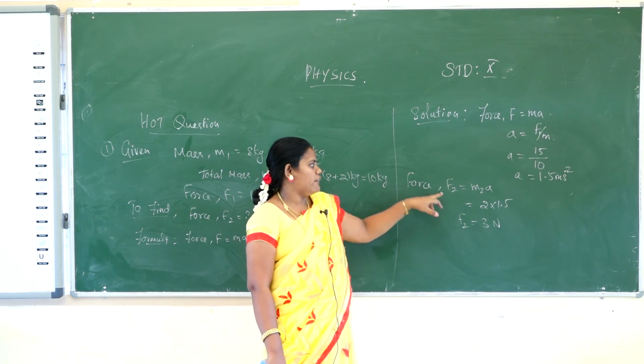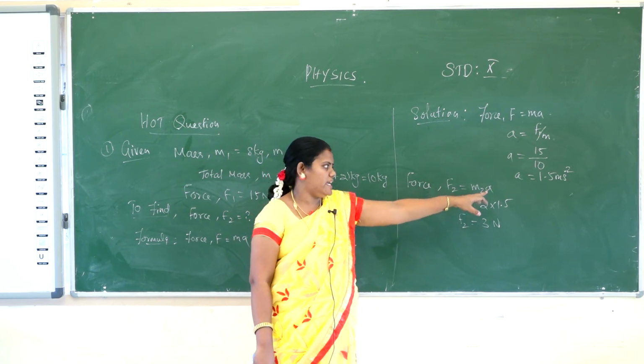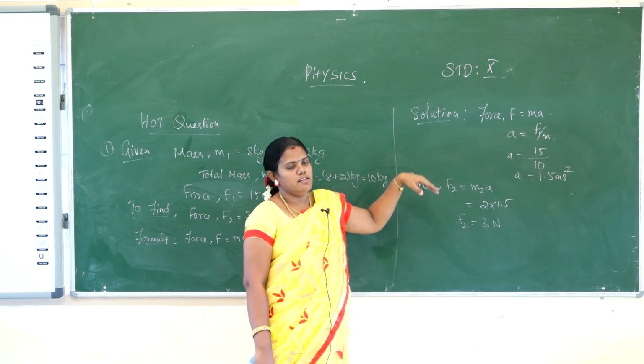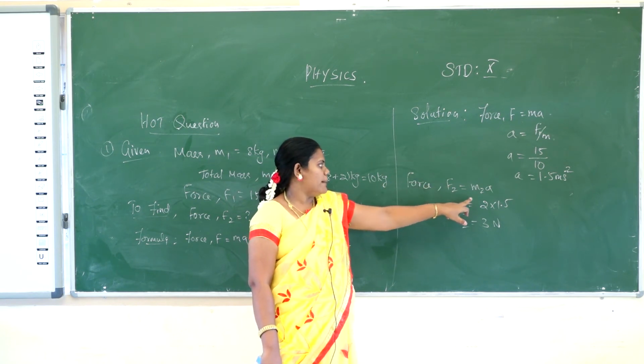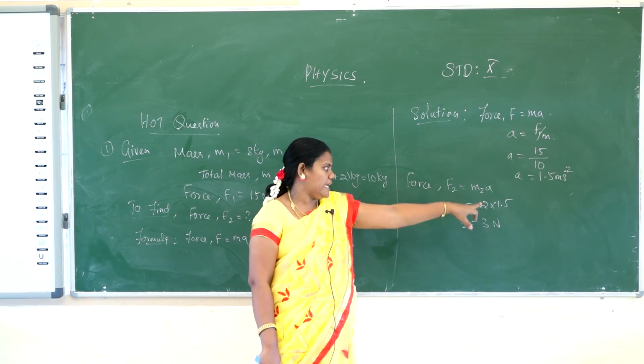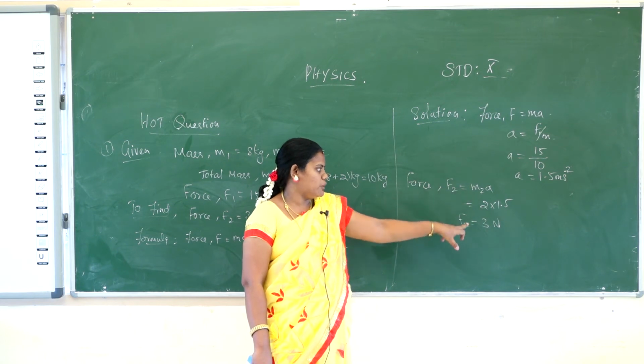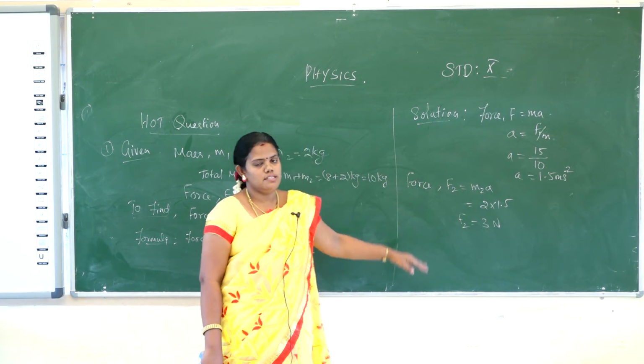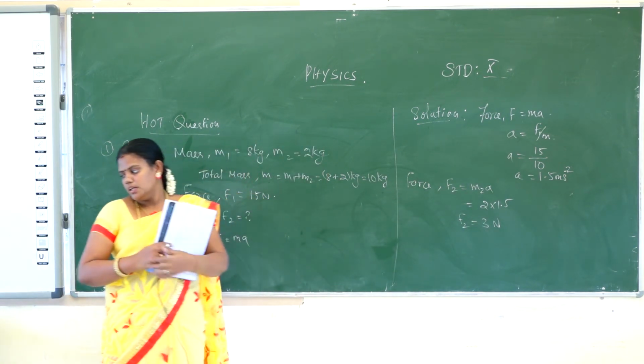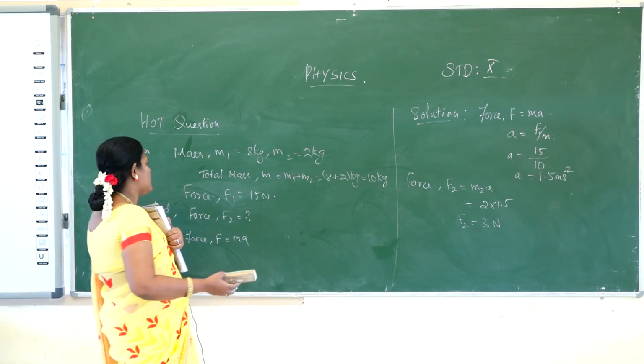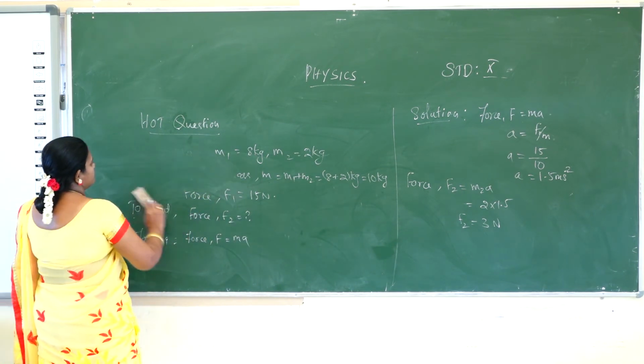Now we want the F2 value. So force F2 is equal to m2 into A, because the two bodies have the same acceleration. So m2 into A, substitute the A value, substitute the m2 value, F2 is equal to 3 Newton. This is the final answer for this problem. Then go for the last problem, go for the second hard question.